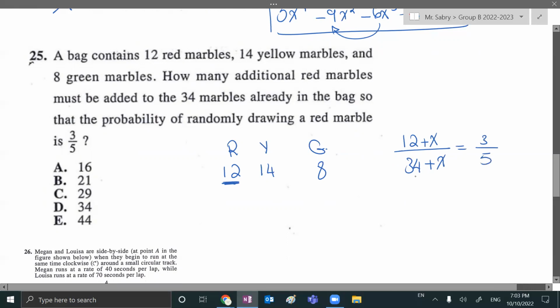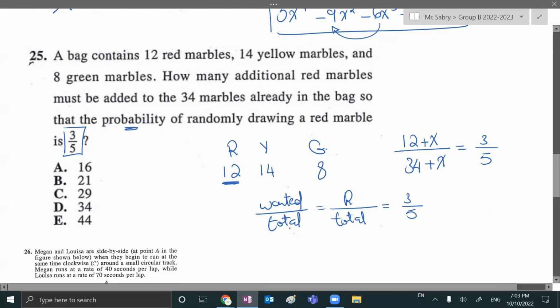Let me explain what just happened. Generally, when I'm trying to find the probability of anything, it's the wanted over the total. So if they said that the probability of red needs to be 3/5, that means I need the red over the total balls altogether to be 3/5.